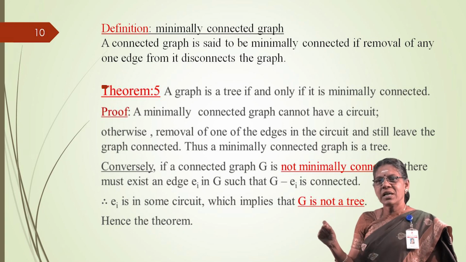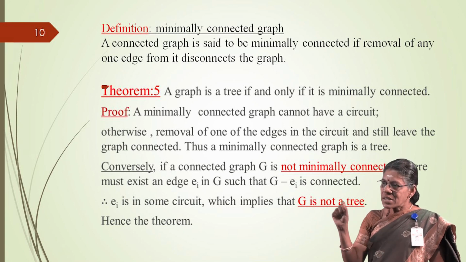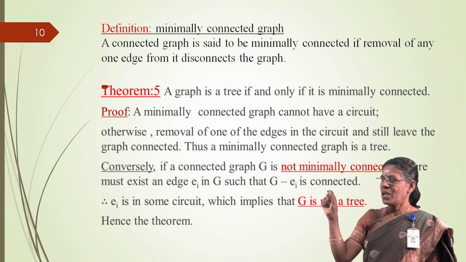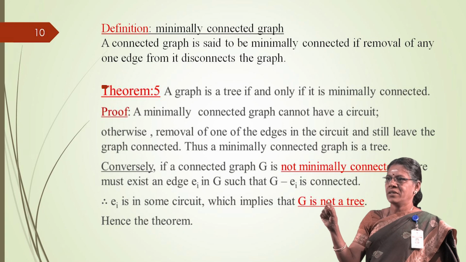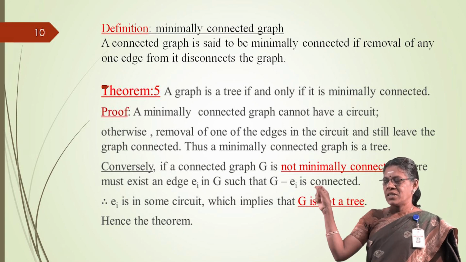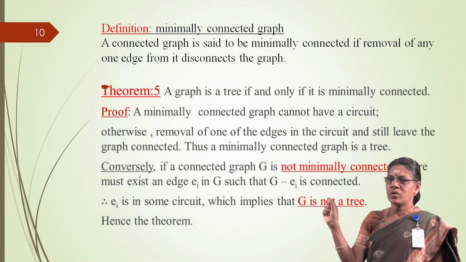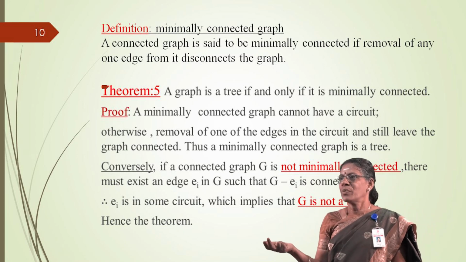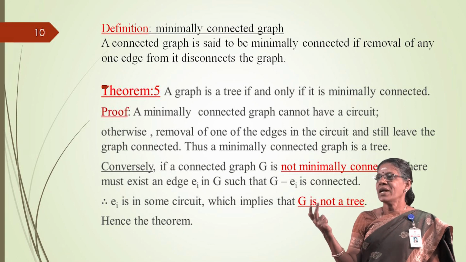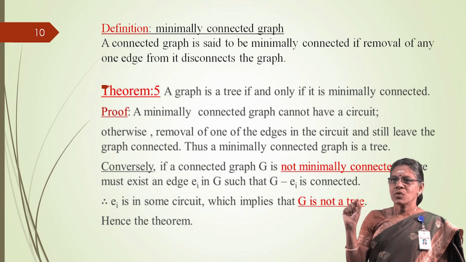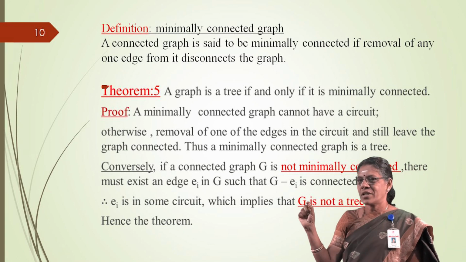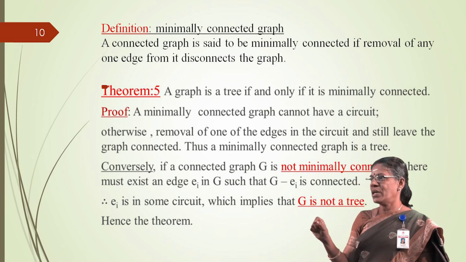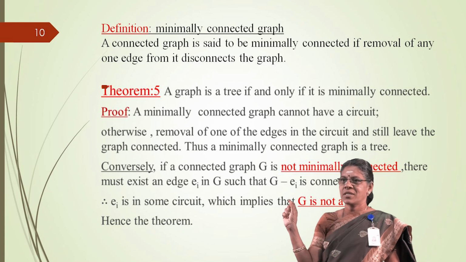If you remove one edge and it is not disconnected, it is not minimally connected. Therefore, Ej is in some circuit, which implies the graph G has a circuit, so it is not a tree. So not minimally connected means it is not a tree. Therefore, a graph is a tree if and only if it is minimally connected.